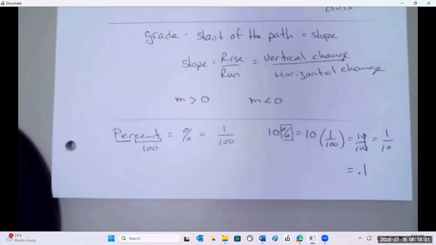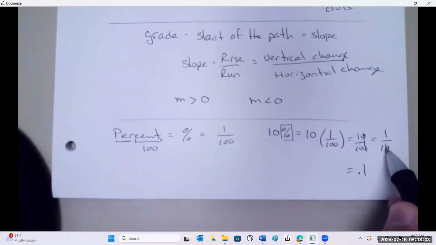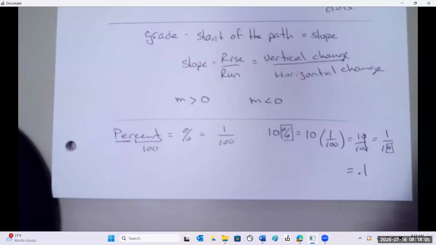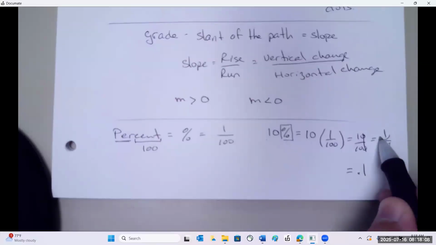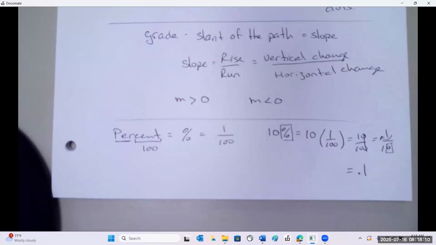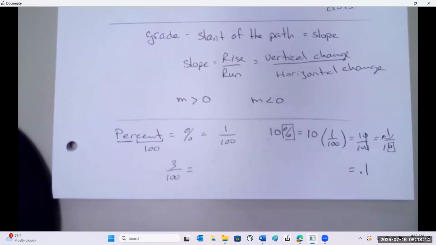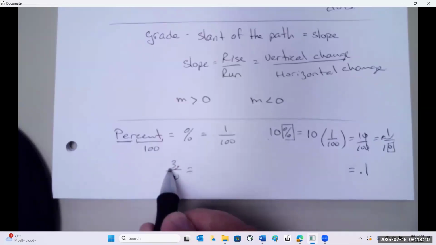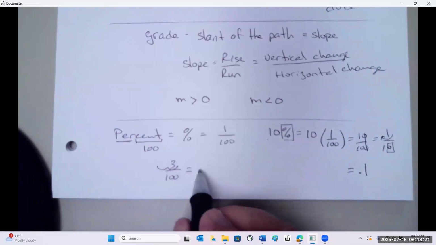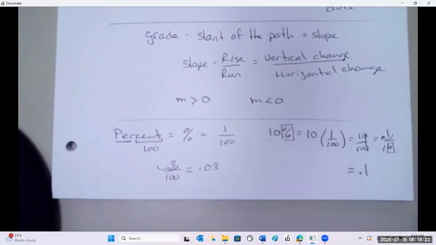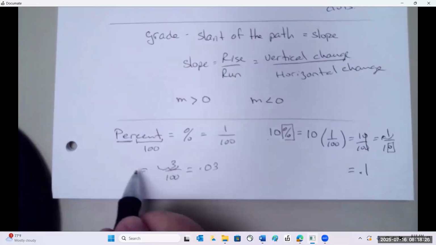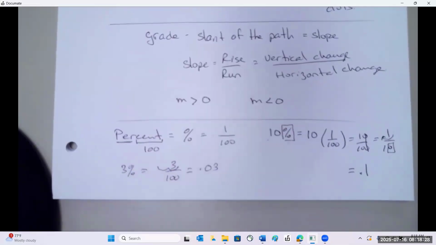So the rule of dividing by zeros: whenever you have zeros on the bottom, all that means is move the decimal place over to the left for as many zeros as you have. So 3 over 100 would be what? Here's a decimal over here, so you move it 2 spaces. So you have 0.03, which is the same thing as 3%.